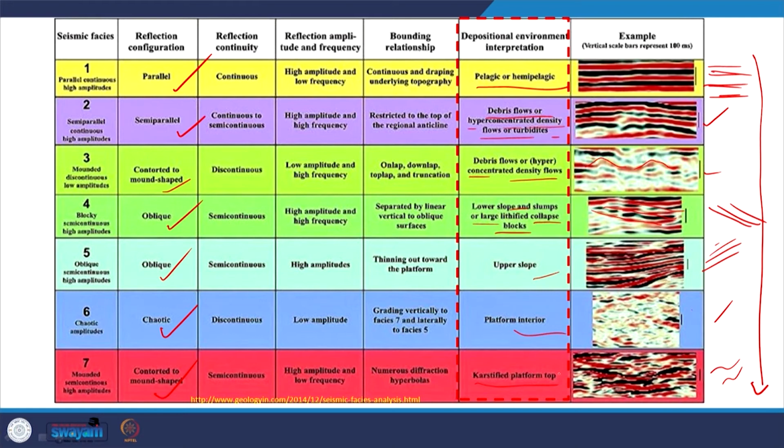So, that means here the depositional environment, or obliquely we can say the geomorphic processes involved, can be interpreted through this type of reflection. These are the ideal reflections, not necessarily in a particular area or a particular seismic profile will we get all types of reflection patterns.